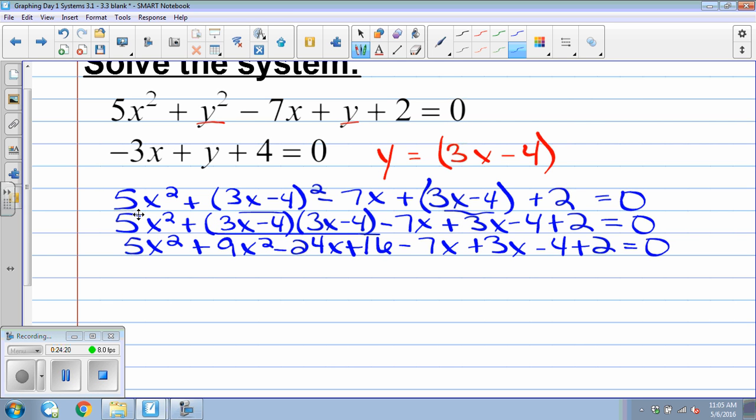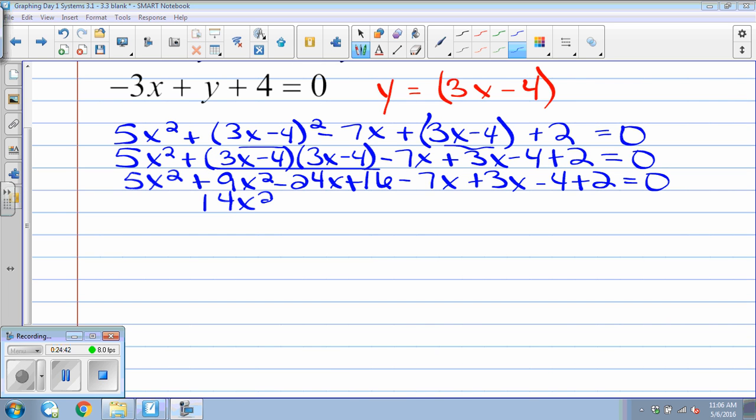Now when you combine all your like terms, you end up with 14x squared minus 28x plus 14 equals 0.